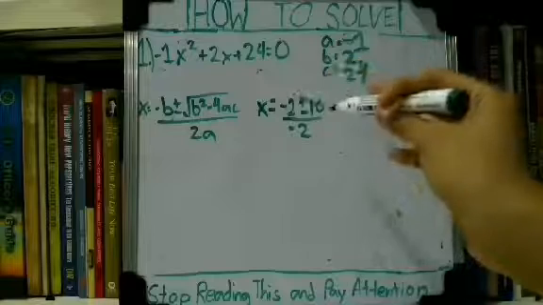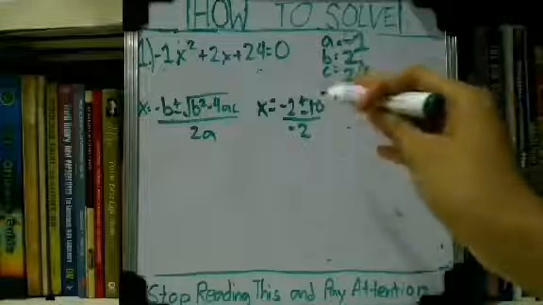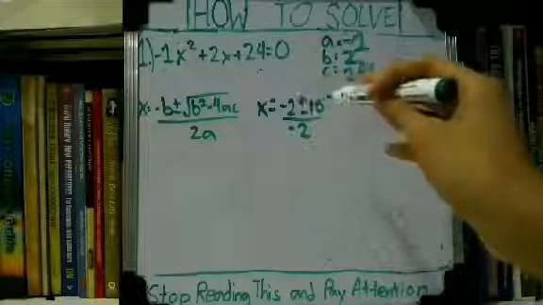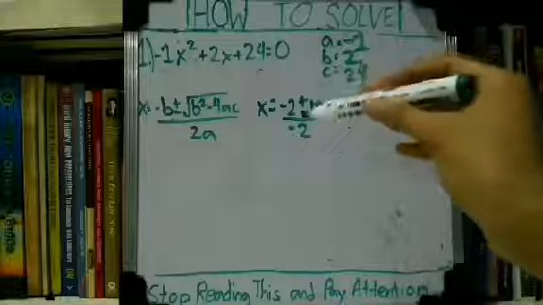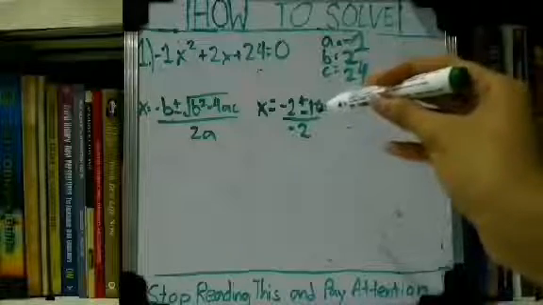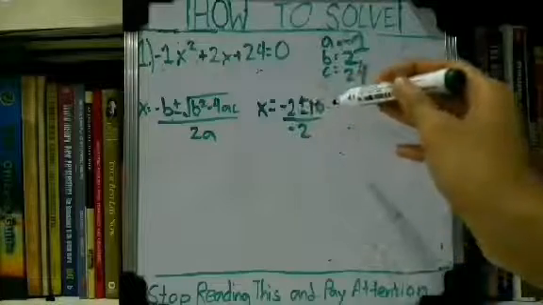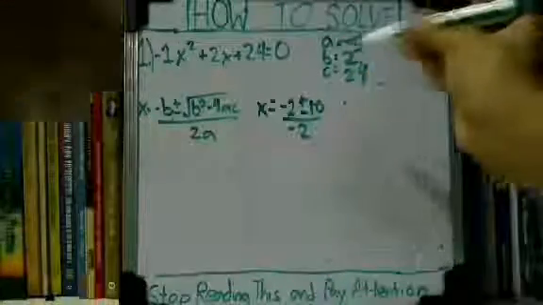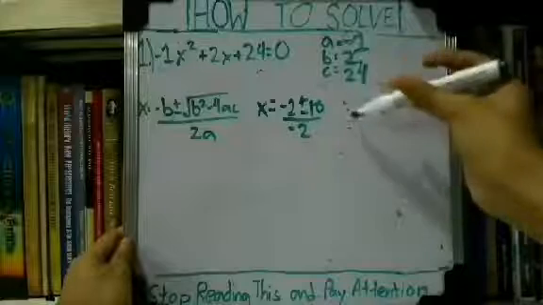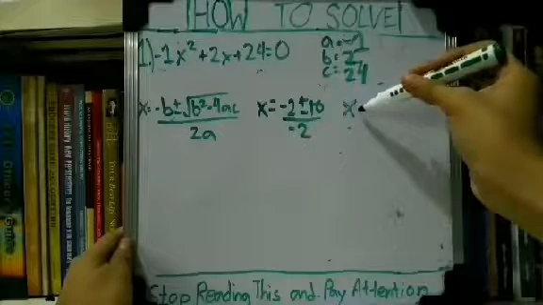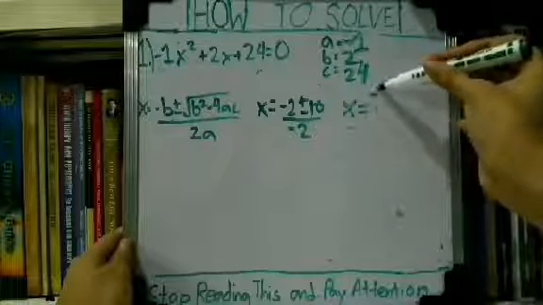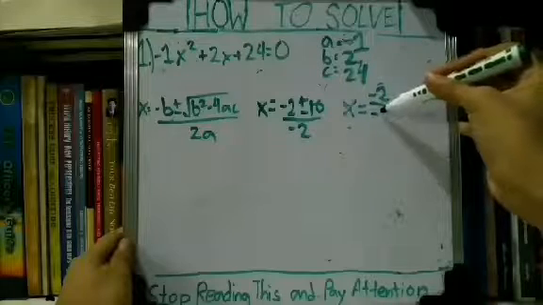Well, if you notice all the terms, they all have a common factor of negative 2. Because of that, this proves that the equation can still be simplified by dividing all the terms by negative 2, which they all have in common. So what to do here is that you copy the same formula, but divide them all by negative 2.